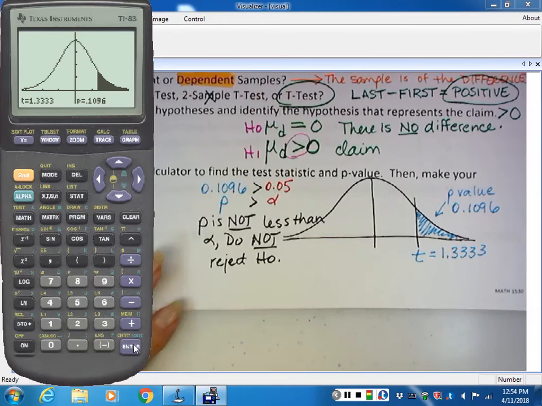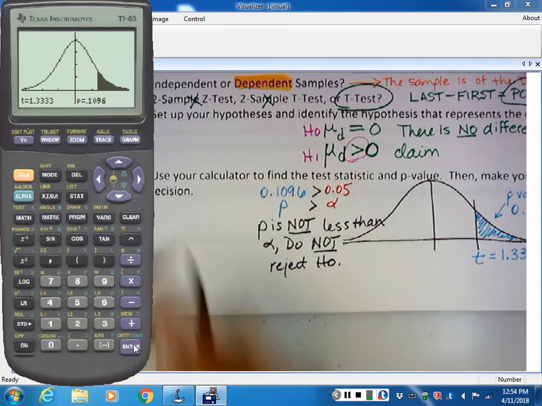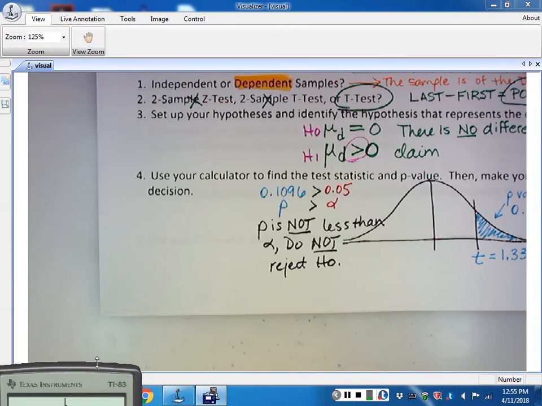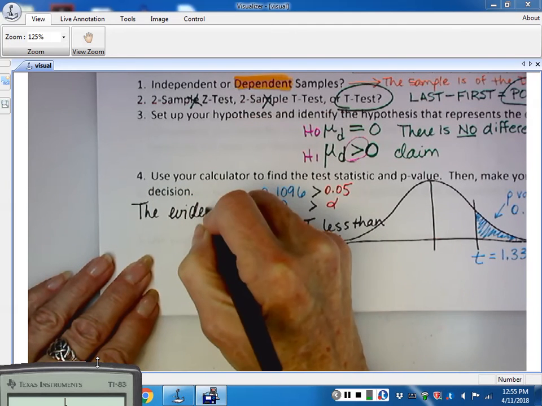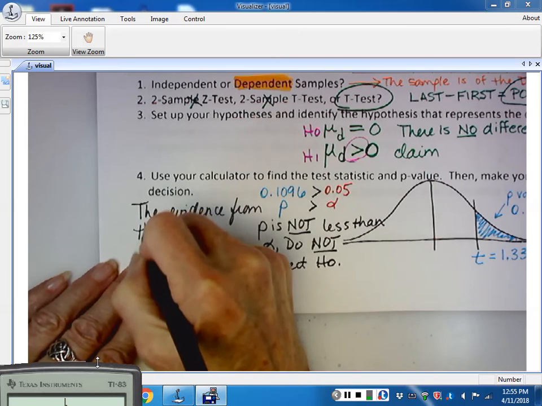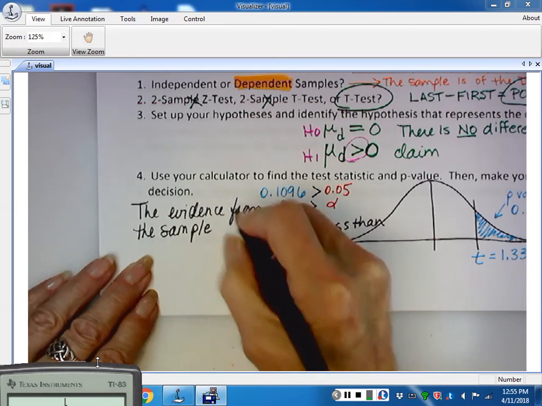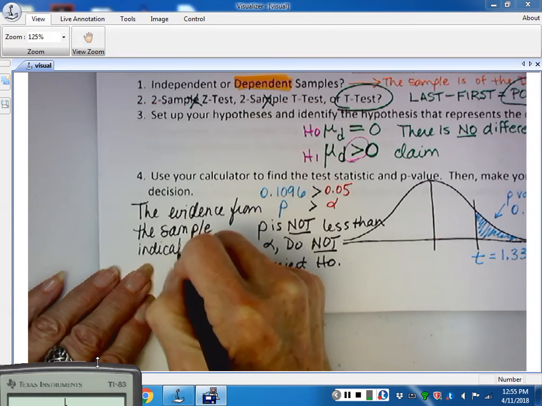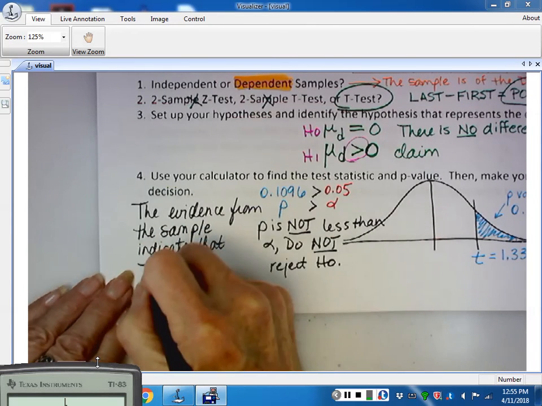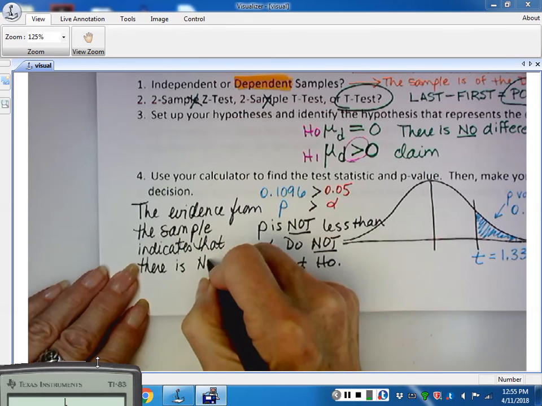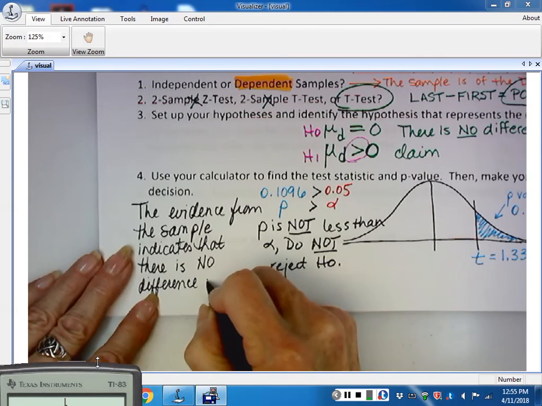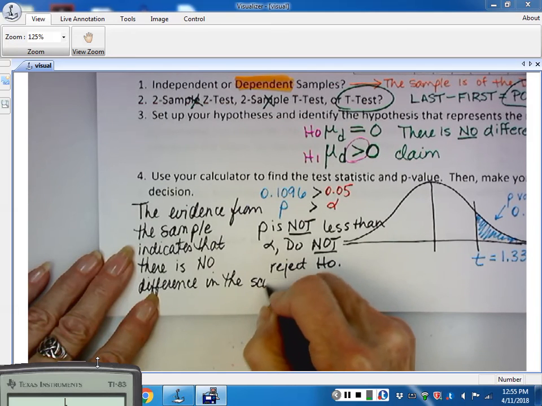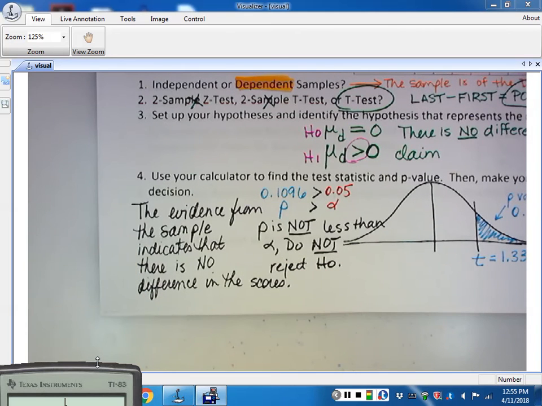We do not reject H0. H0 says there's no difference. Evidence from the sample indicates that there is no difference in the scores.